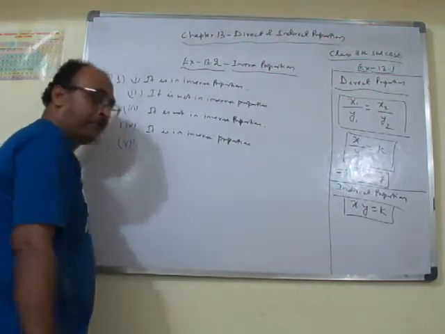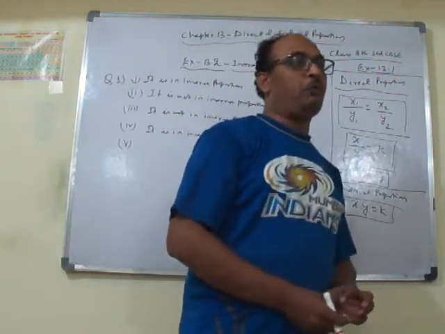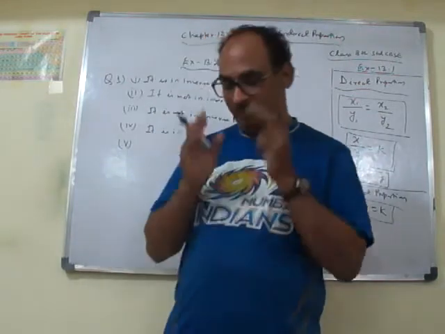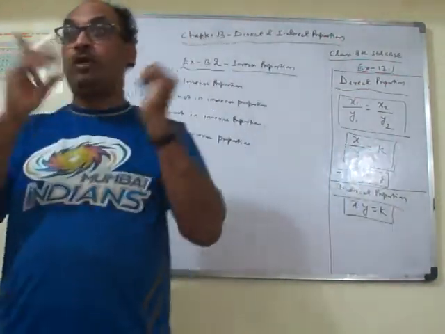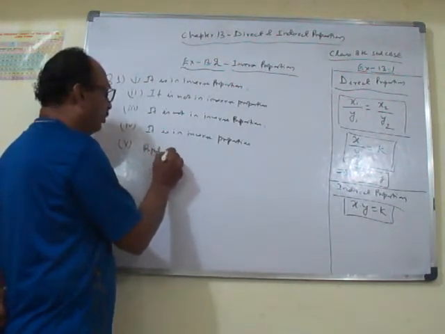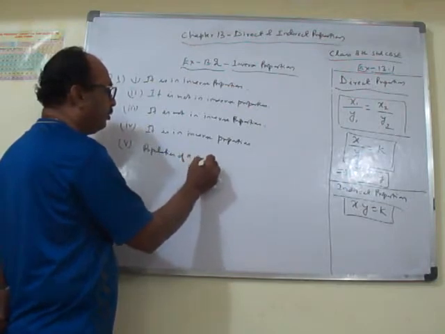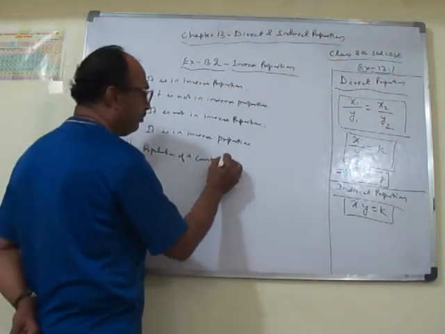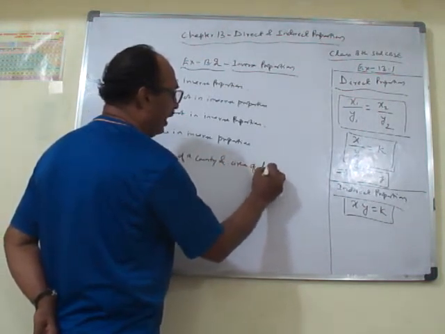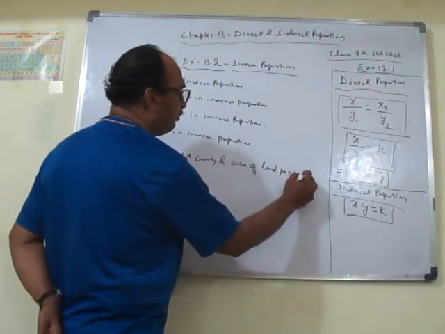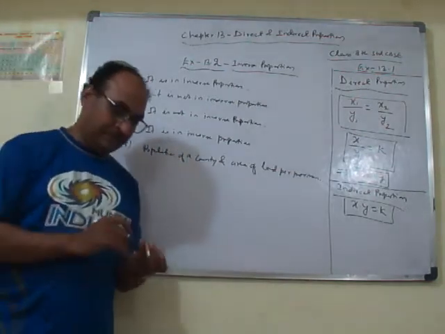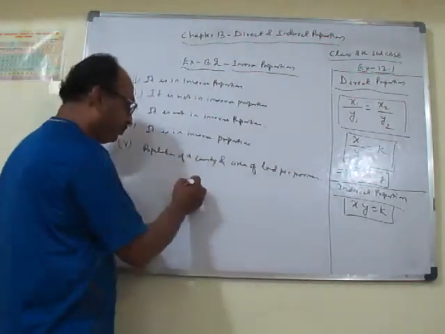Okay, fifth one, the population of a country and the area of land per person. Suppose we are talking about Salem.